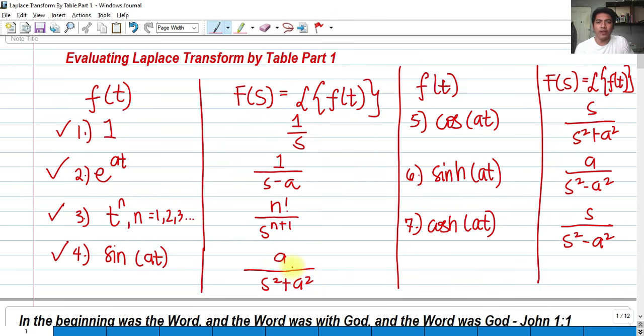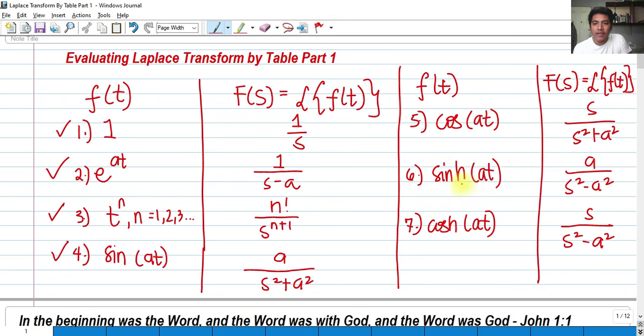In terms of cosine, instead of the numerator being the value of a, for cosine it's s. So for cosine we have an s term in the numerator, whereas in sine, we have the value of a in the numerator. So for cosine at, that is s over s squared plus a squared. For hyperbolic sine or hyperbolic cosine of at, this is similar to the ordinary sine and cosine.